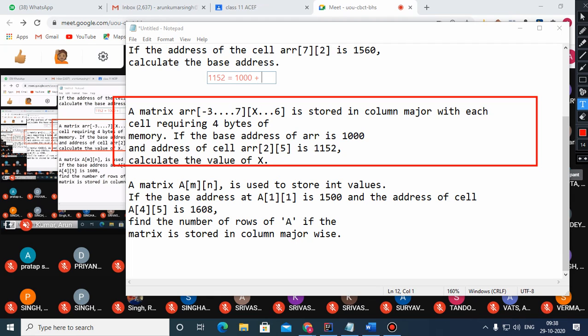The word length is given as 4, and here I minus LR, which is 2 plus 3, and here total number of rows are 11, and here you should write 5 minus X. So further, if you solve this, it is 1152 plus 4, here it is 60.